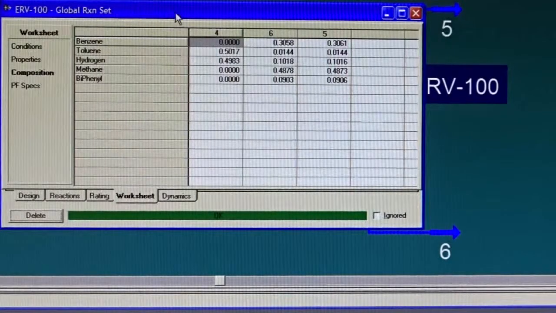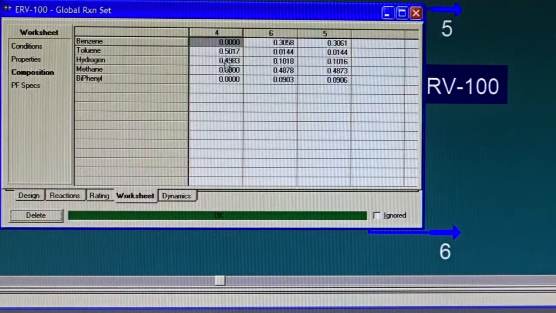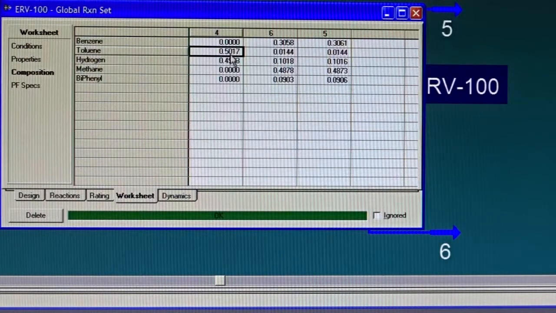And if you notice, in stream 4, which is the feed stream, we have almost stoichiometric ratio between toluene and hydrogen, 50%, 49.8%, while at the outlet stream, stream 5, we have almost 31% benzene and 0.01% toluene, only 0.10% hydrogen, 48% methane, and 10% of biphenyl. So evidently a reaction was calculated in this case.